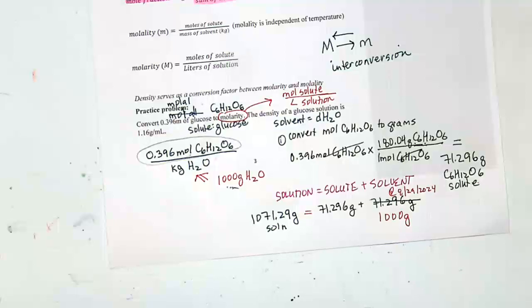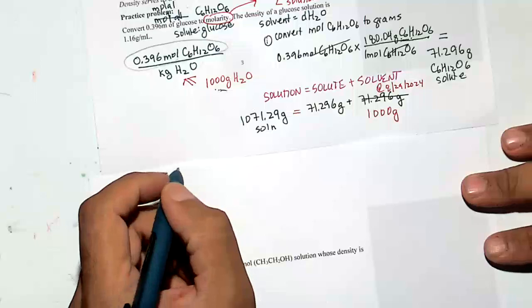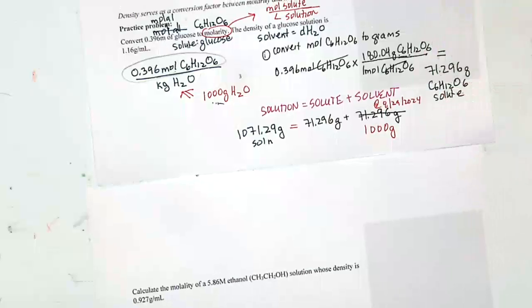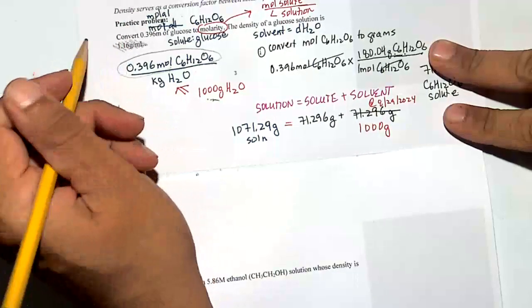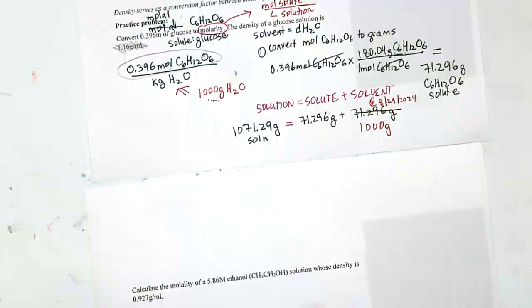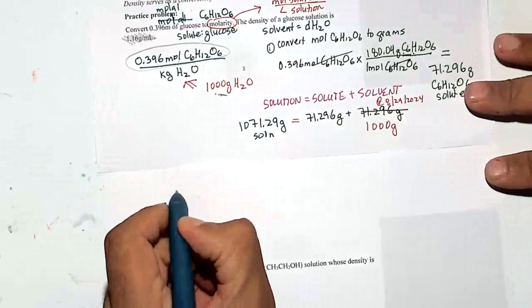Are we okay? We're almost done with this problem, going from molality to molarity. What a pain. Now we have our grams of solution, and I'm going to multiply that by the density given in the problem. Actually, I'm not going to multiply it, I'm going to divide it.